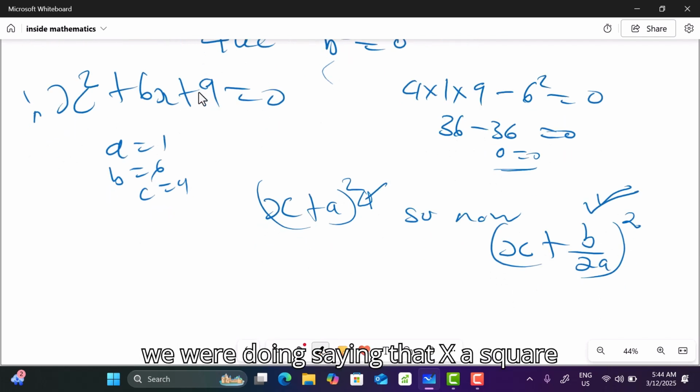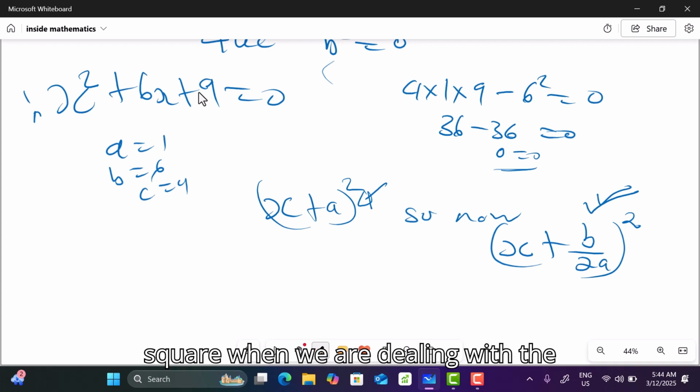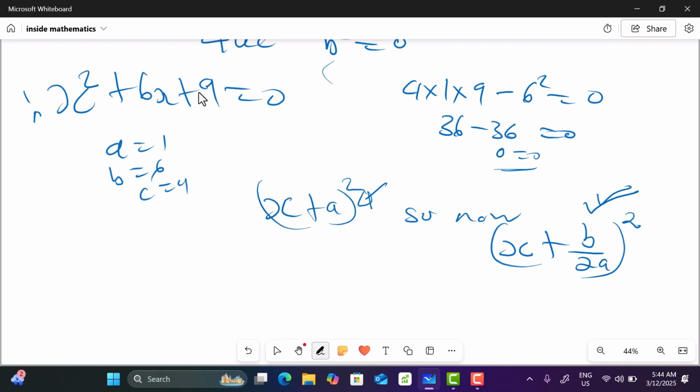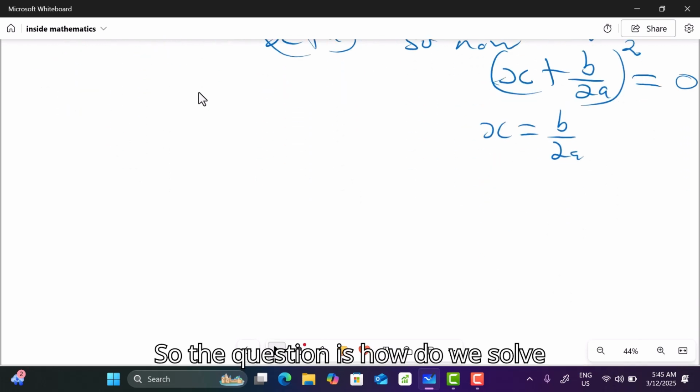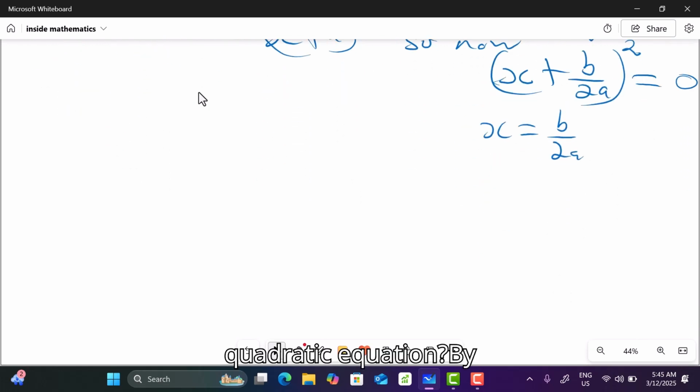It is different from what we were saying, that x plus a bracket square represents a perfect square when we are dealing with the factorization by perfect square. But in this case, we'll be saying x plus b over 2a square. Remember, equals to 0.